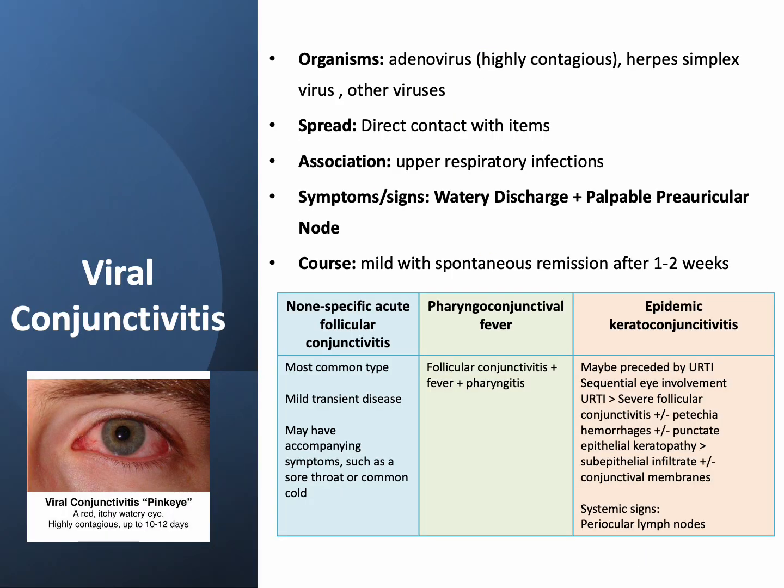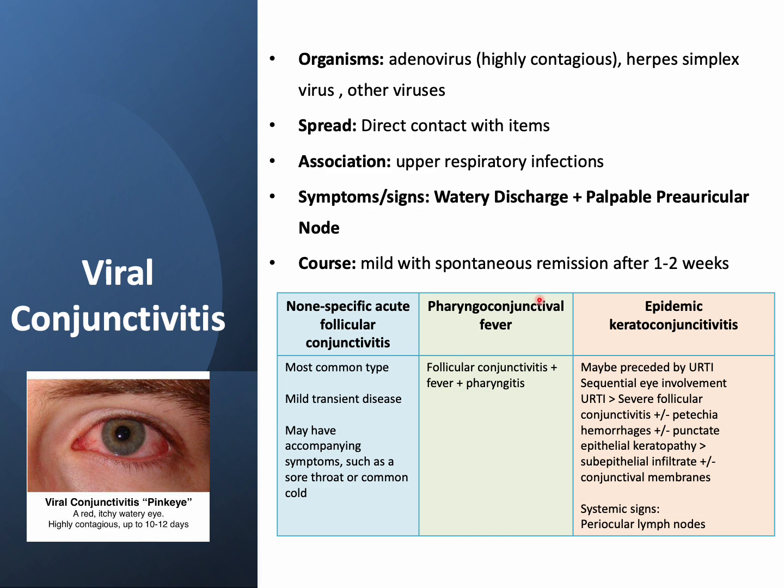So talking more about types based on the etiology, starting with viral conjunctivitis. From its name, viral conjunctivitis is caused by viruses, most commonly adenovirus, which is highly contagious, or herpes simplex or other viruses. It spreads by direct spread, by touching the eyes or secretion and then touching the surrounding environment.